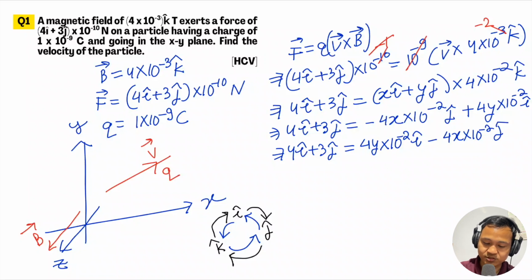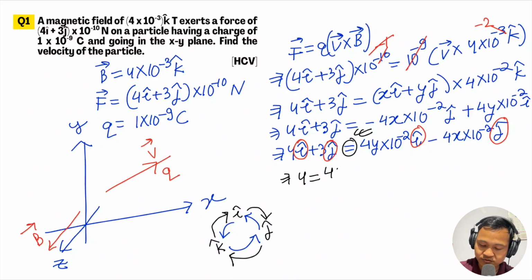Comparing I cap to I cap, and Z cap to Z cap. So 4 is equal to 4y into 10 power minus 2. Comparing I to I, 4 gets cancelled out. Y is 100.